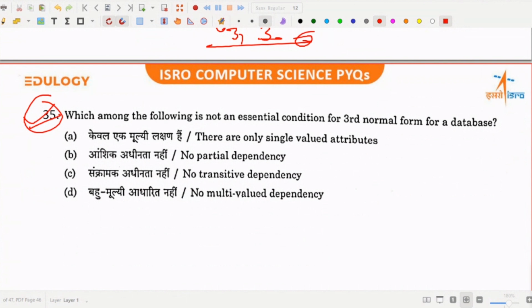I think D. Okay. See, which among the following is not necessarily an essential condition for third normal form?